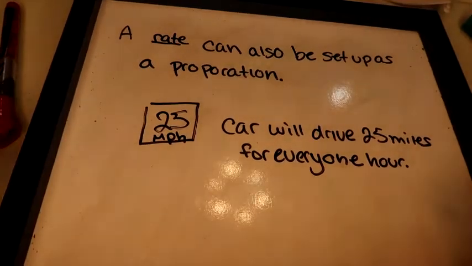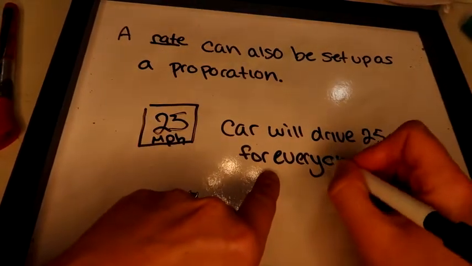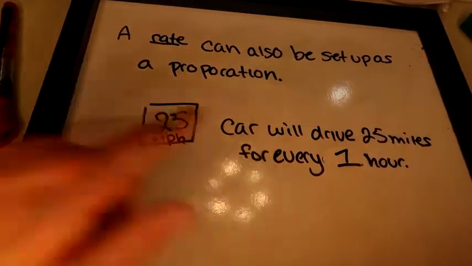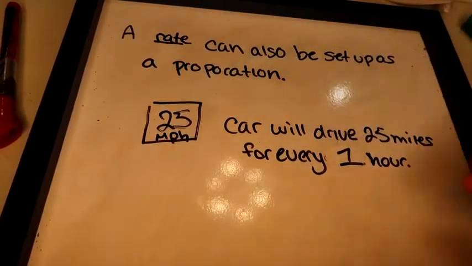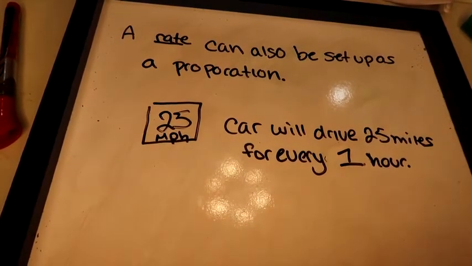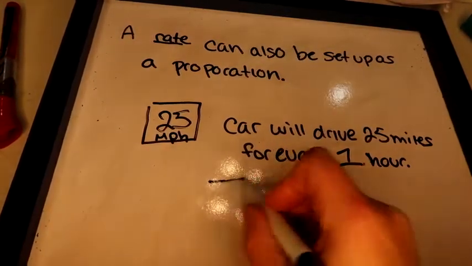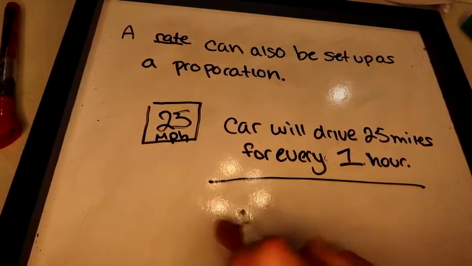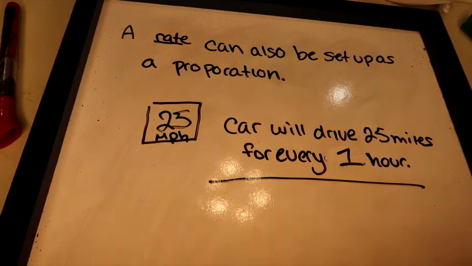Not like every one, like everyone, but every 1 single unit hour. So that means when you're driving in the car, uninterrupted, meaning there's no stops, you're just going the single rate uninterrupted for 1 hour, you are going to go 25 miles, as long as that car is set at 25 miles.